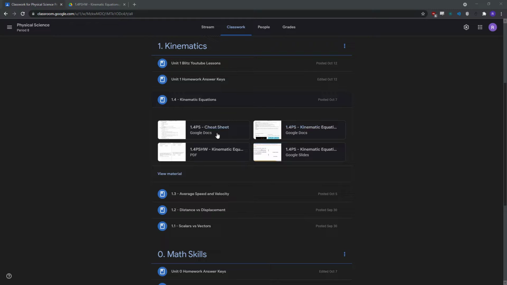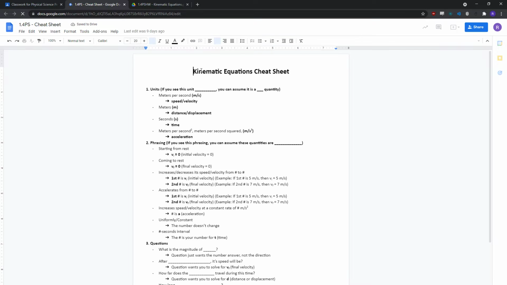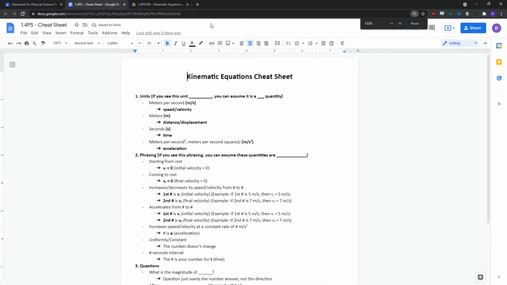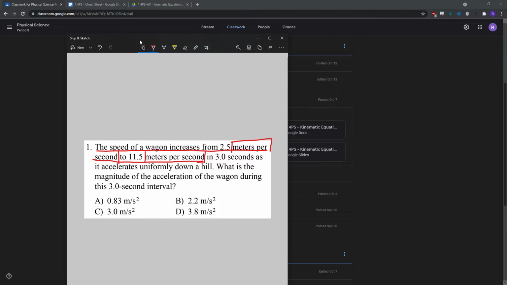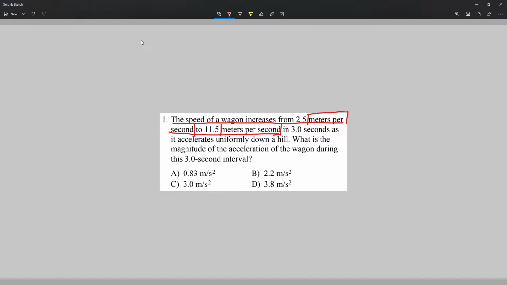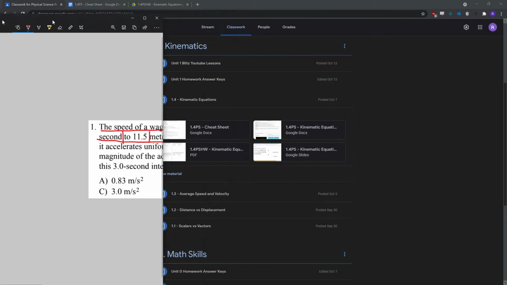So let's go to our cheat sheet. Number 1, units. If you see this unit, you can assume it is a certain quantity. If you see meters per second, you can assume that is a speed or velocity unit. The phrasing also matters, because it says the speed of the wagon increases from this number to this number.